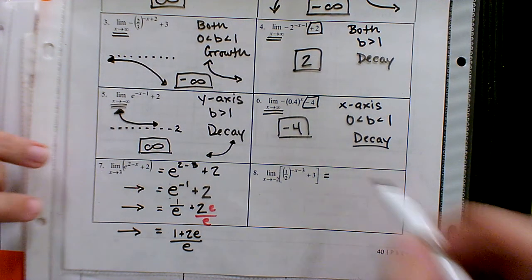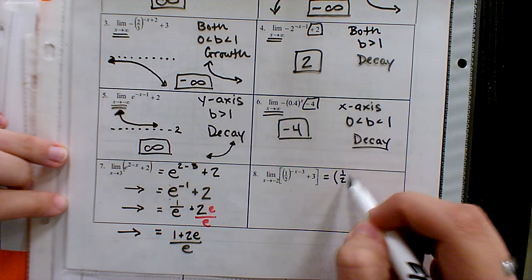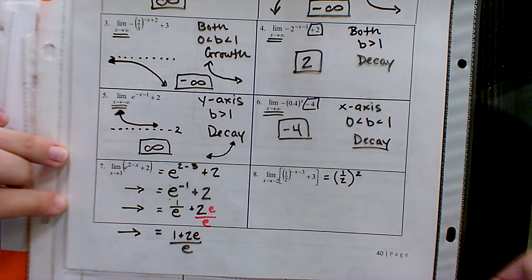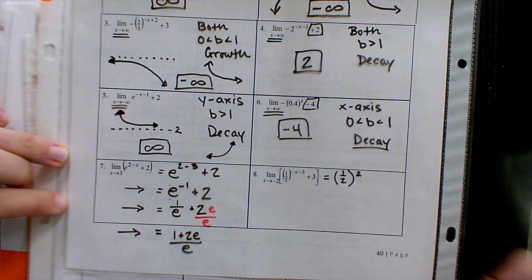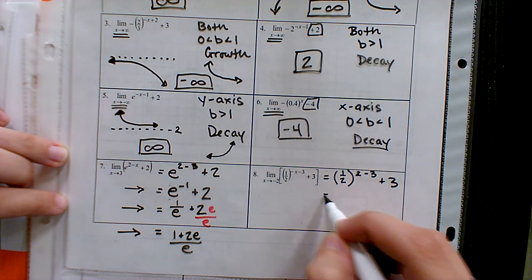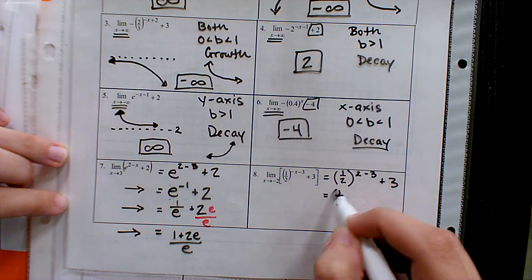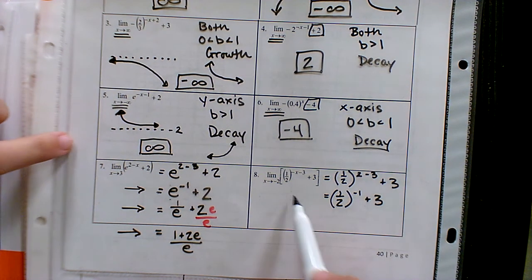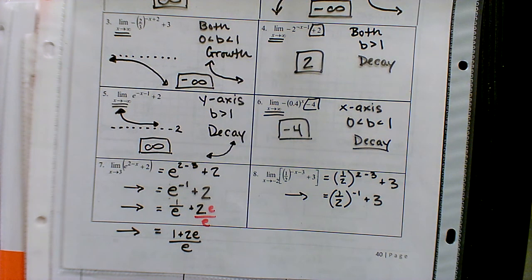Again, this is approaching a number, so we can try direct substitution. If we plug in negative 2, it's actually going to change positively because we have a negative in that exponent. Okay, so here's one possibility of how the solution might look on a multiple choice problem.